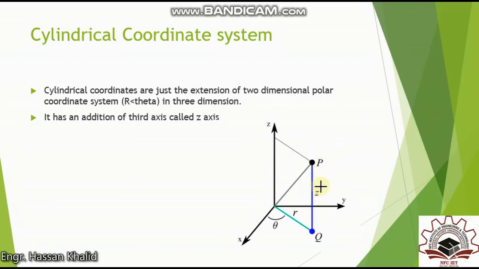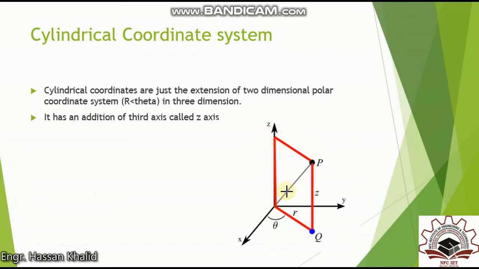One will be the distance from the origin, the other one is the angle, and the third variable, that is the third axis, is the vertical distance from the origin. So what we do at this point is that we draw parallel lines, because we need to mark our angle.